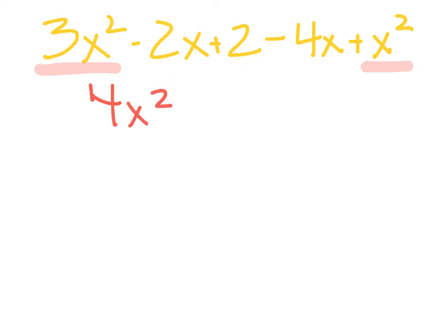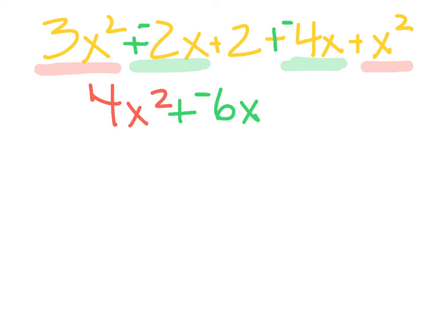And then we have these two that go together because they have the same variable in x. Now it says minus 2x. I'm going to think of that as adding a negative 2x. It's easier for me. Subtracting a positive 4x is the same thing as adding a negative 4x. So when I put these together, then I have 6 x's, but they're both negative. That's easier for me to think of. If you wrote it as minus 6x, it would be exactly the same.